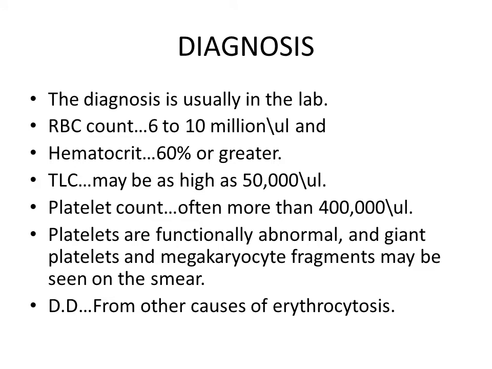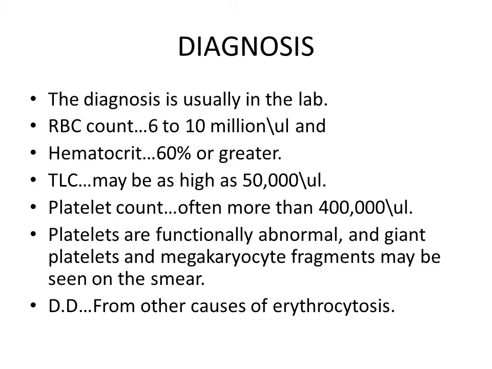Diagnosis: how will we diagnose these patients? Diagnosis is usually in the labs, although sometimes the face of these patients is also very clear, a plethoric face. We can see the patient and say, most probably this is a case of polycythemia.